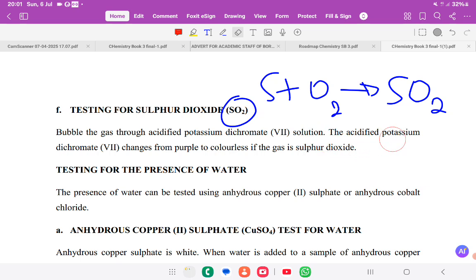The acidified potassium dichromate changes from purple to colorless if the gas is sulfur dioxide. So we are saying bubble the gas through acidified potassium dichromate. Then the acidified potassium dichromate is going to change its color from purple to colorless if the gas in it is sulfur dioxide.